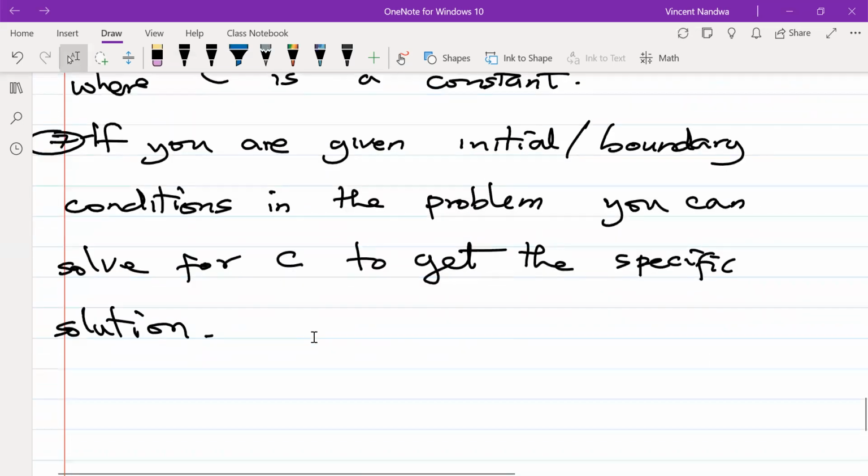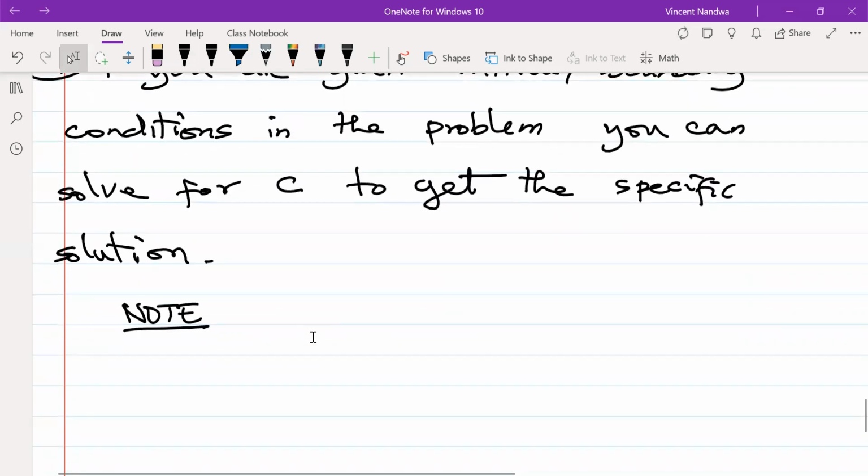Just note that you can as well repeat this process by, in step 2, instead of integrating M with respect to x, you integrate N with respect to y and follow through the same order.